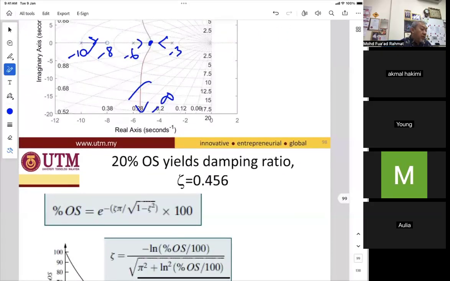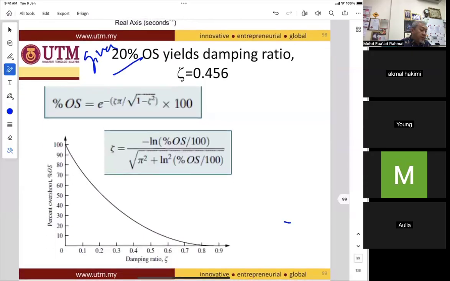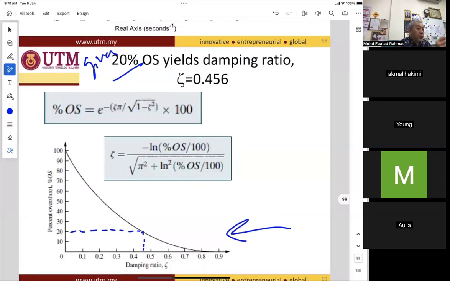Then by the given 20% overshoot, by using this graph, okay. So 20% is about here. So it gives you 0.456 zeta value, okay. So use this one, so no need to use the formula because it will make you slower in the calculations.